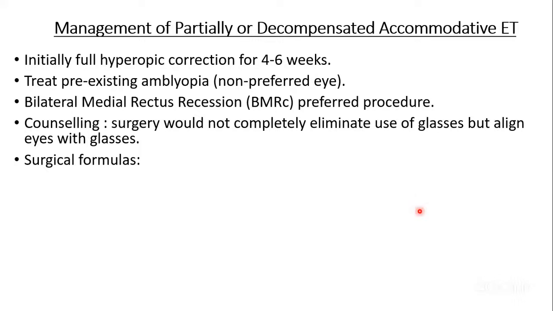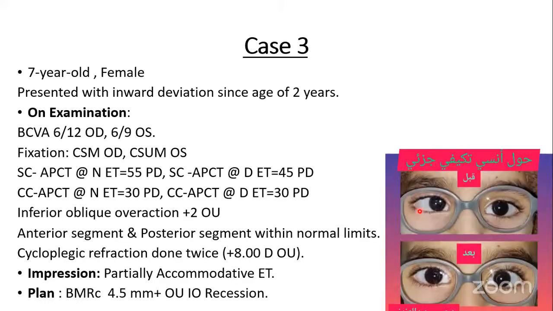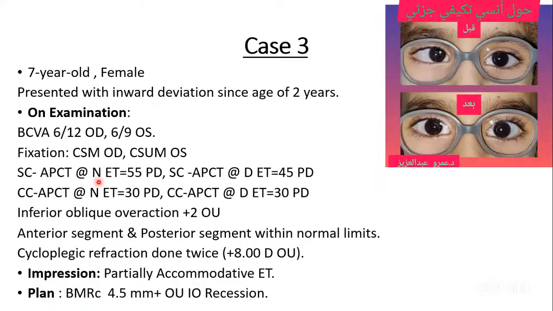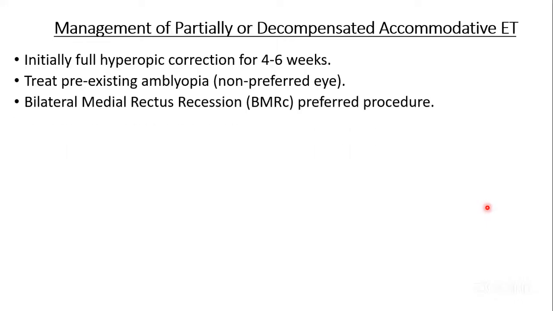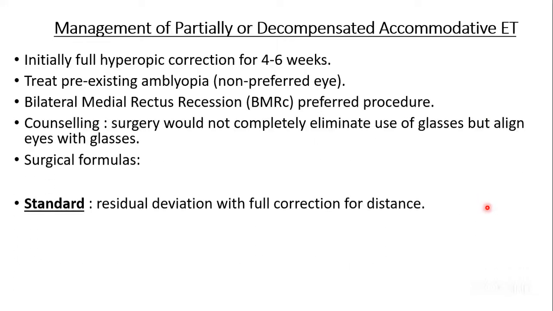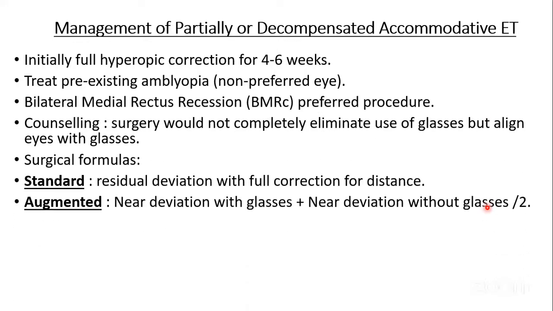For example, in that patient here, near deviation without glasses 55, near deviation with glasses 30. So 55 plus 30, that is 85. So 85 divided by 2, that is 42. So some doctors might prefer to do augmented surgery.